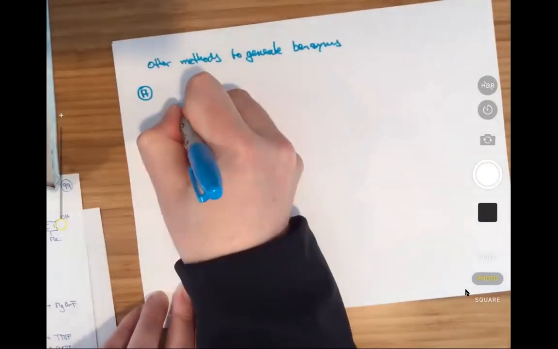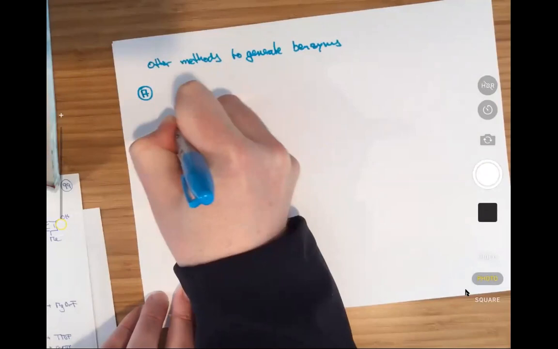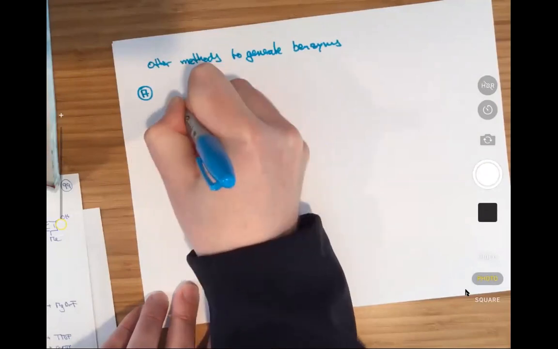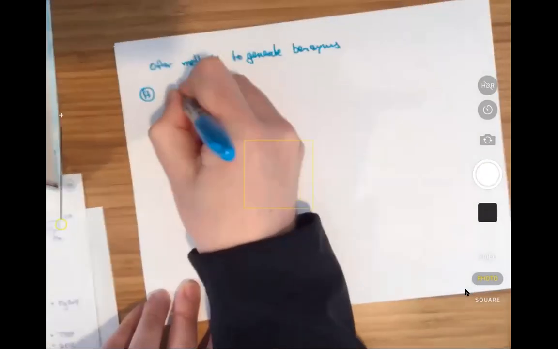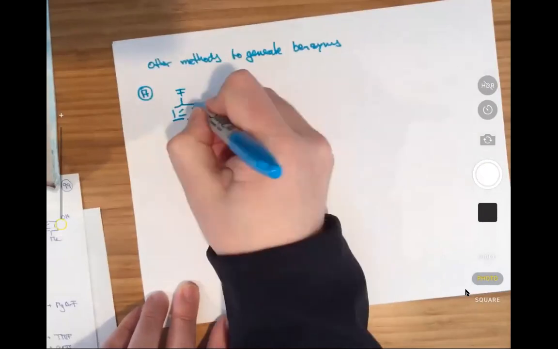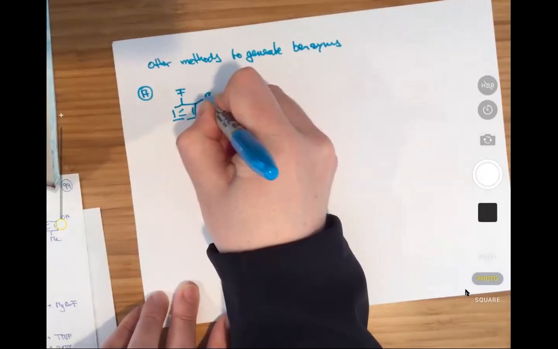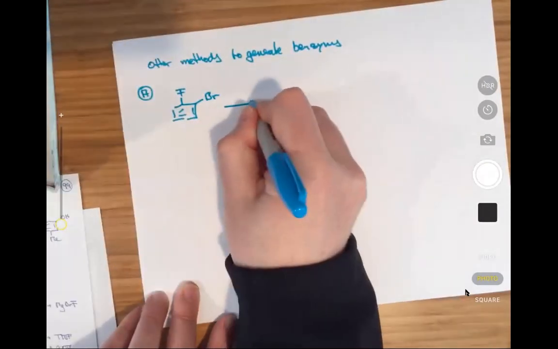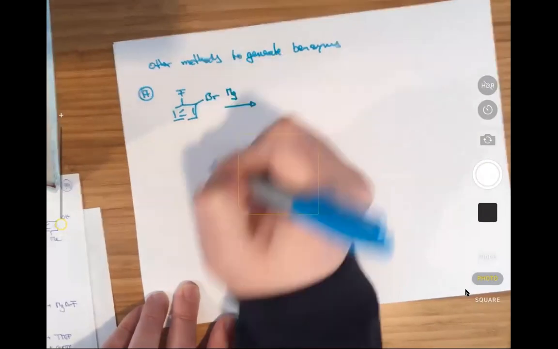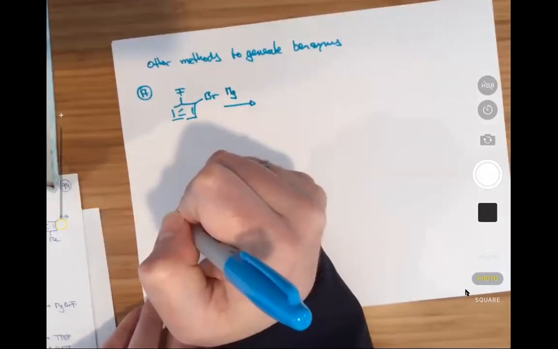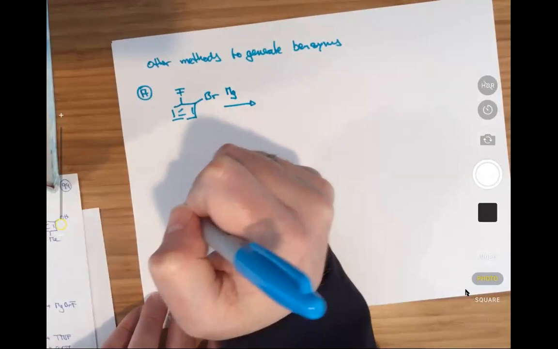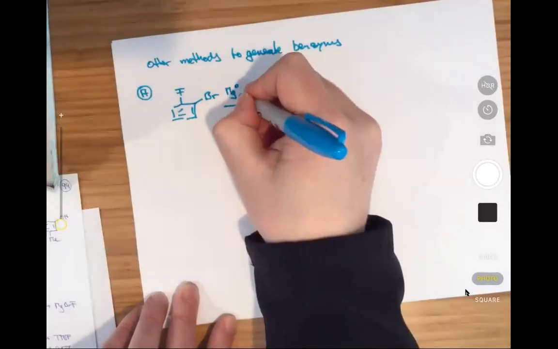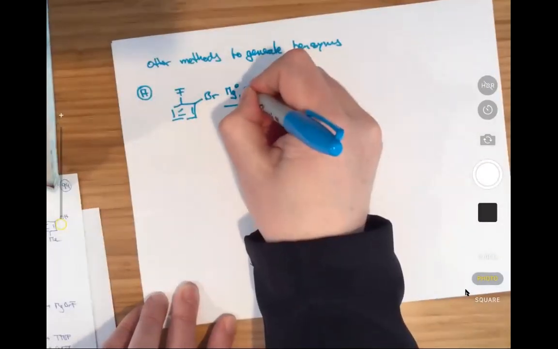So anytime you have an aromatic ring and you have a good leaving group, oftentimes a fluoride or a chloride, and you have another halide here, let's say a bromide, you can form essentially a Grignard reagent the same way you would with any other aryl or alkyl halide. So magnesium 0 and let's say THF.